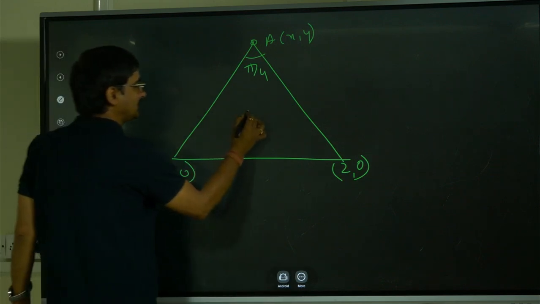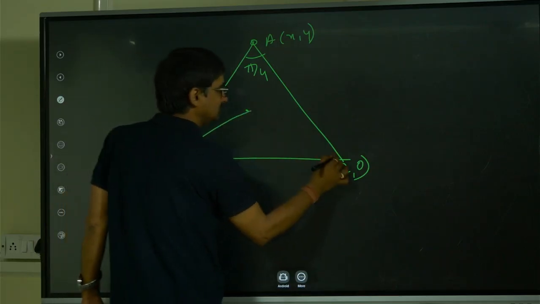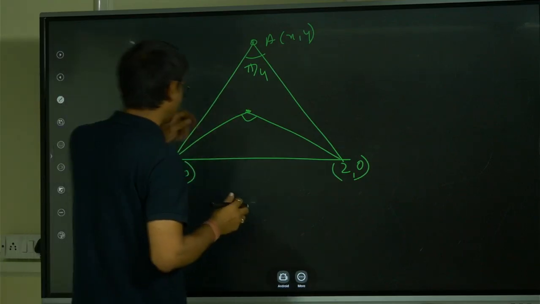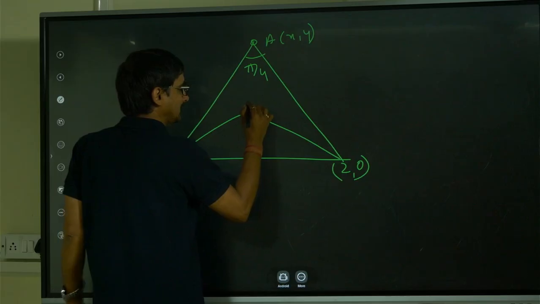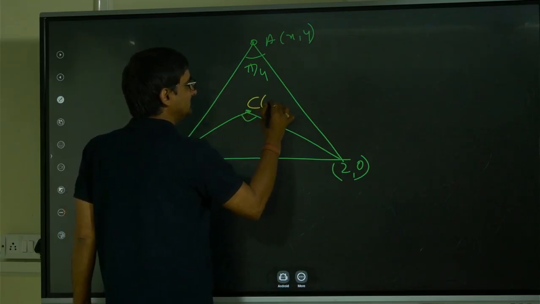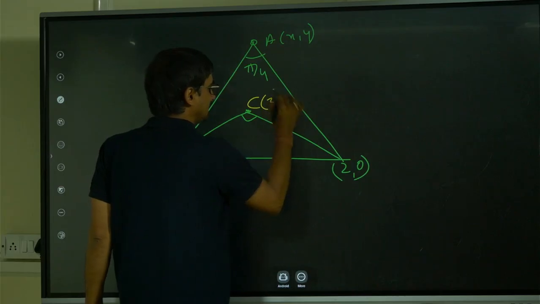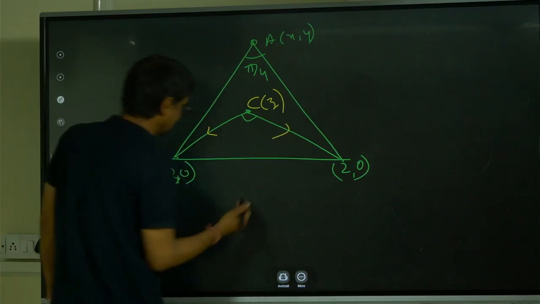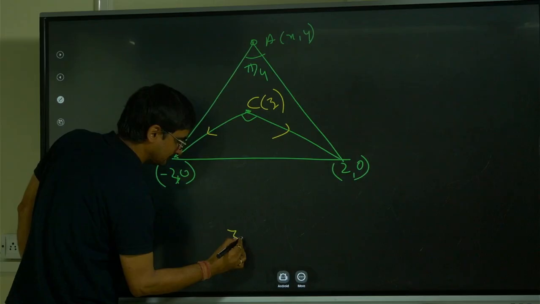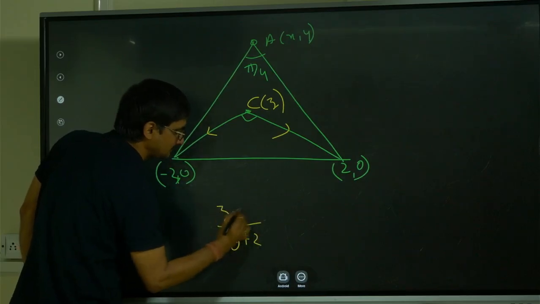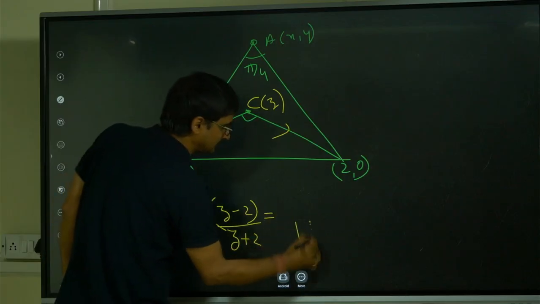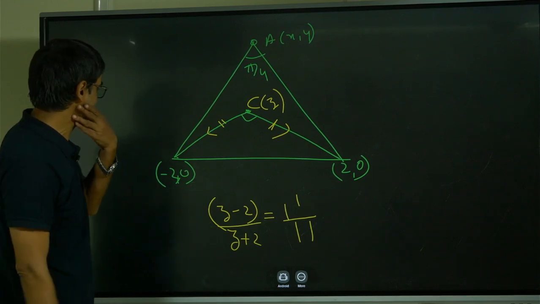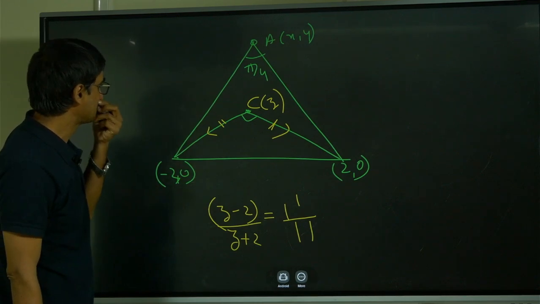Okay, so at the center it needs to subtend pi by 2 angle. So can we go for applying the rotation form for complex numbers? If I assume this point C to be z0, z, rotate this in the anti-clockwise direction to get this. So rotate z plus 2 to get z minus 2 by an angle of pi by 2, and both the modulus distances, the radius, have to be the same, isn't that?